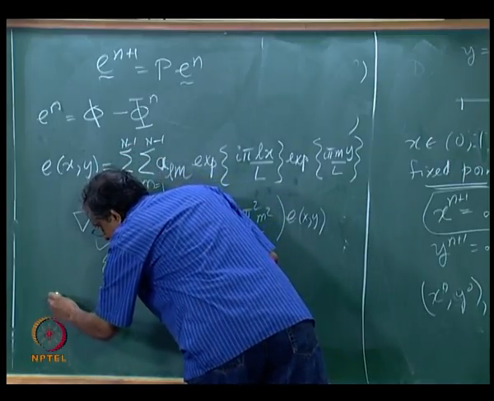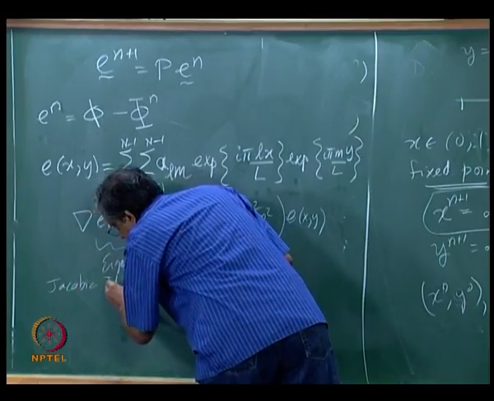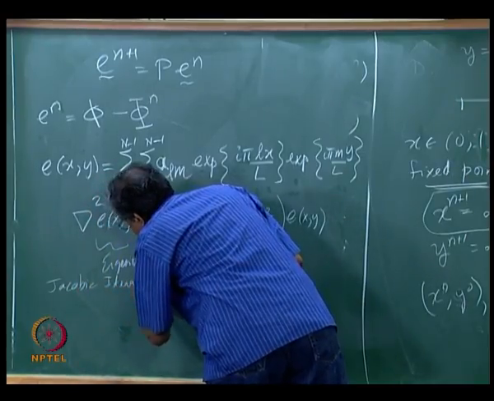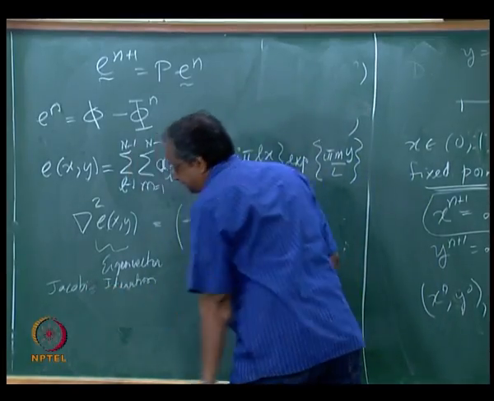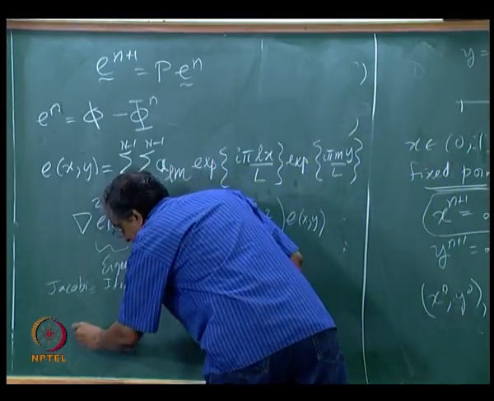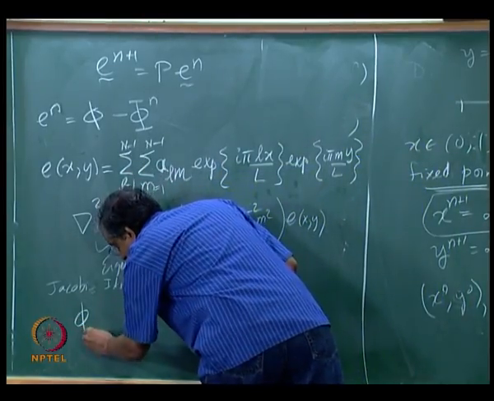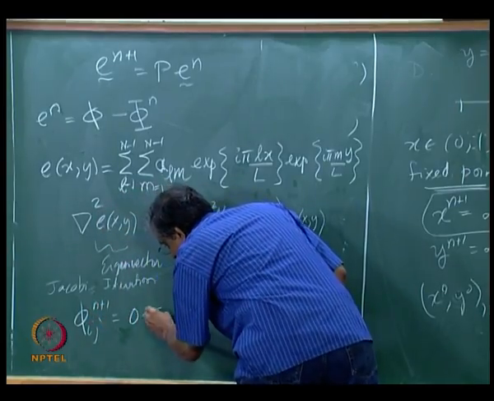Let us pick Jacobi, we will do Jacobi iteration. So Jacobi iteration, so I will write this n plus 1, we have done this so many times.